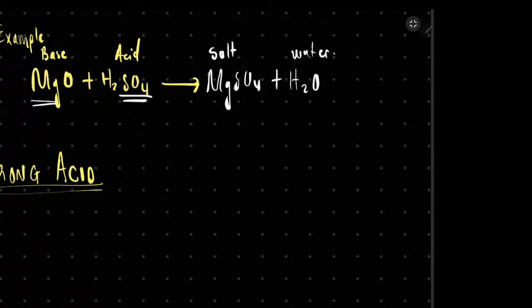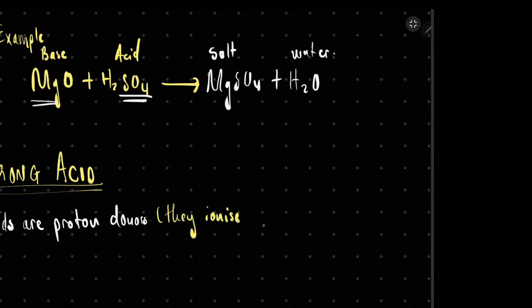Acids are proton donors. Okay? Acids are proton donors. Why? They ionize, which means to separate in a solution, producing protons.